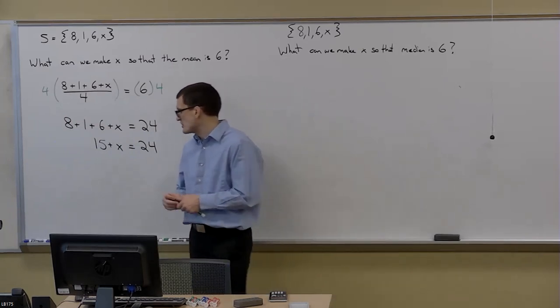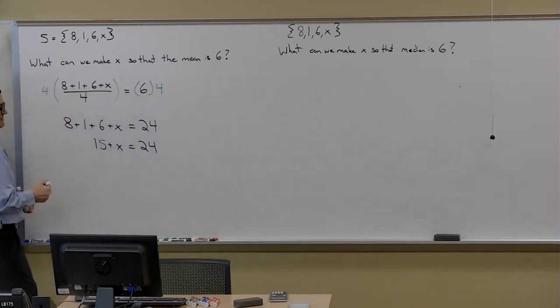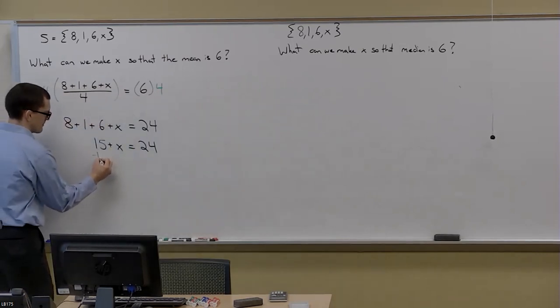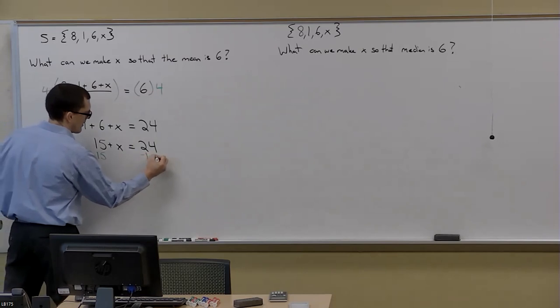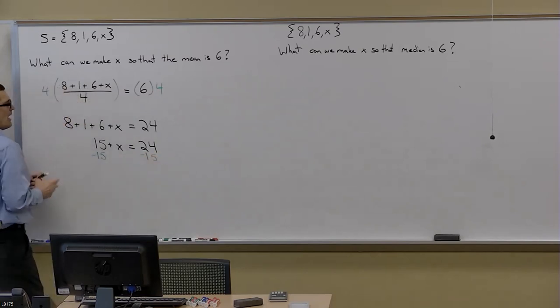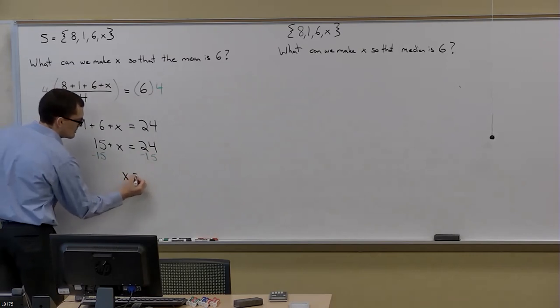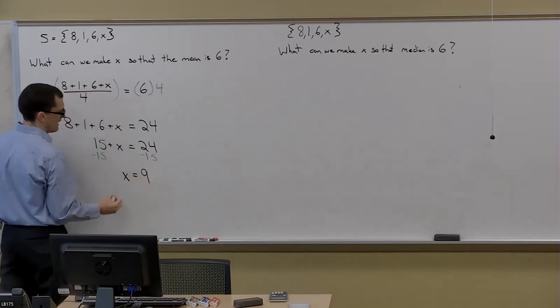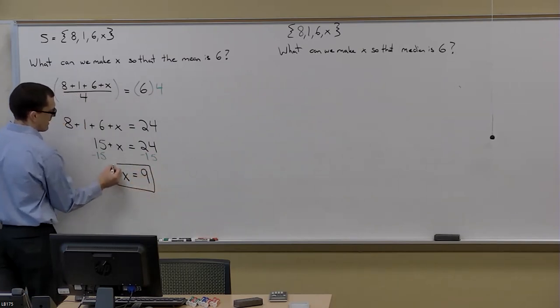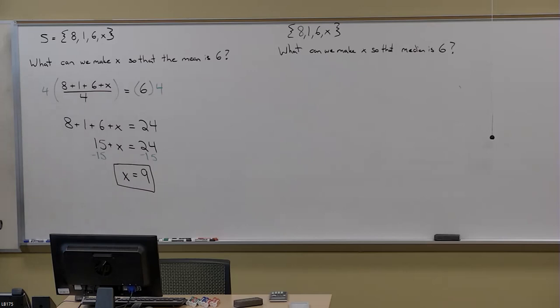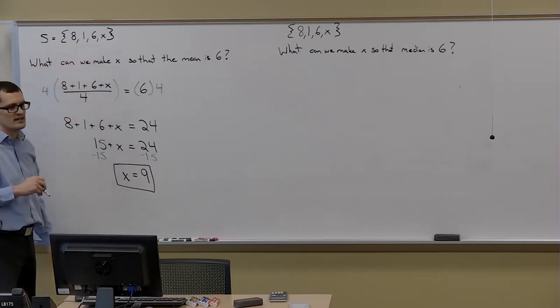And then I can subtract 15 from both sides. And that gives me an x which is equal to 9. All right. X equals 9 is the final answer. So if you make x 9, then the average of this set is 6.